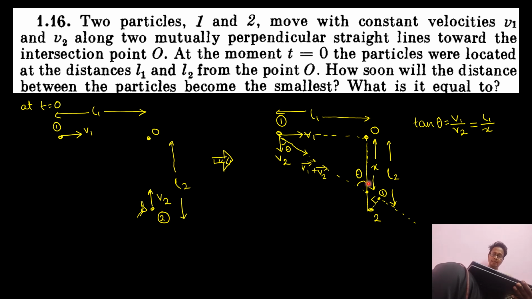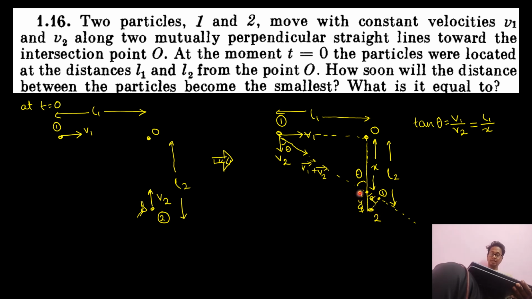Tan theta is equal to L1 divided by x. Now, if this angle is theta, can I say this angle also to be theta? So even this angle is theta. Now, the problem is how much is this angle y? How much is y, and why do I need to find out y? I can simply say the shortest distance, this distance, is equal to y sine theta. This one is nothing but y sine theta.